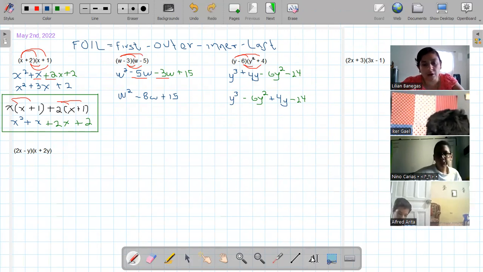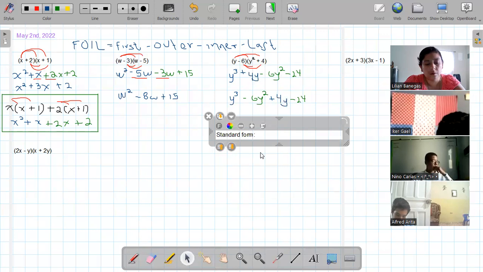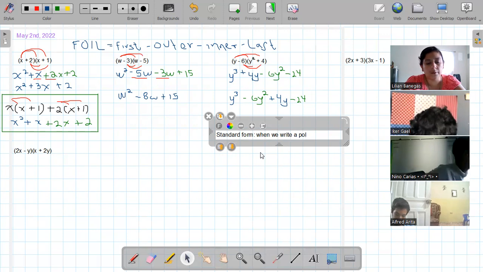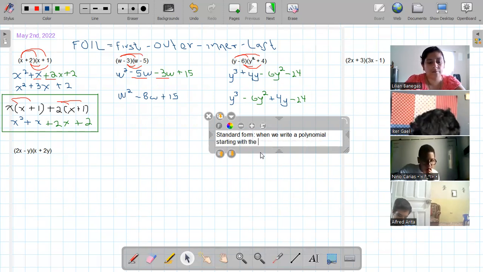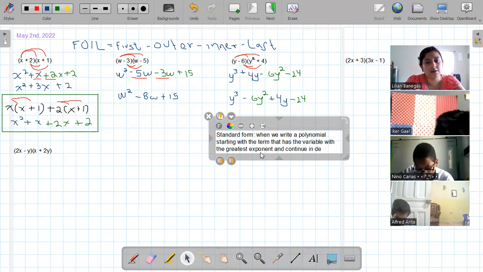So let's write over here that definition so you don't forget what a standard form is. Standard form: when we write a polynomial starting with the term that has the variable with the greatest exponent and continue in descending form.